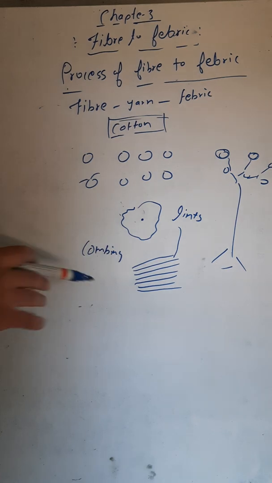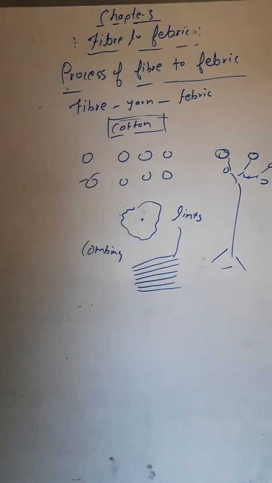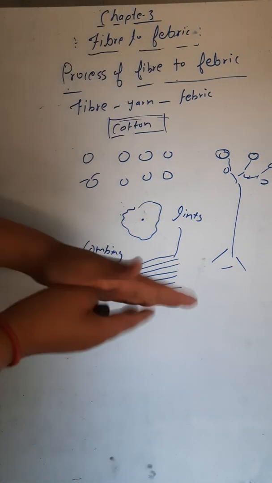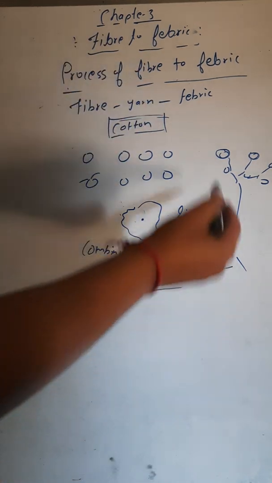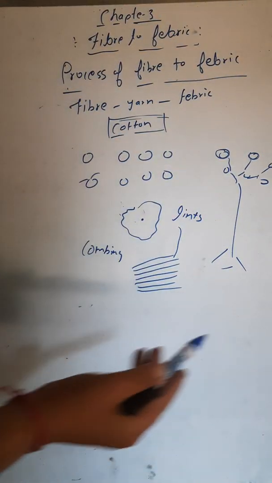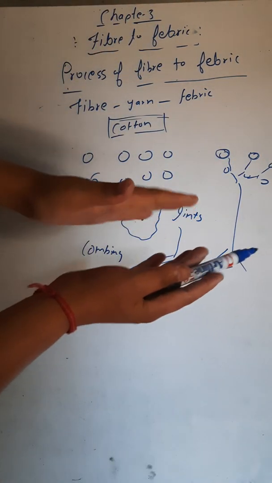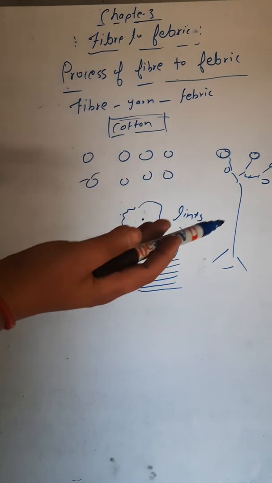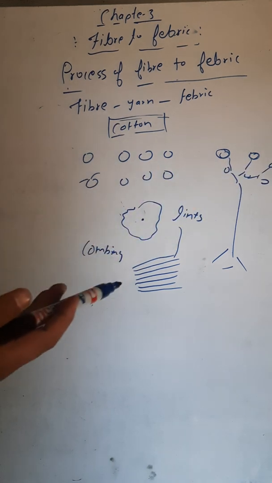After the lints have been prepared, meaning we have combed the cotton, we press them, because cotton has a very huge volume. Suppose you have this much cotton here; you can press it and make a small bundle out of it.